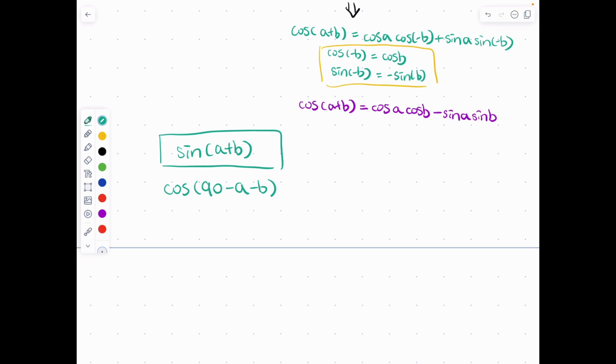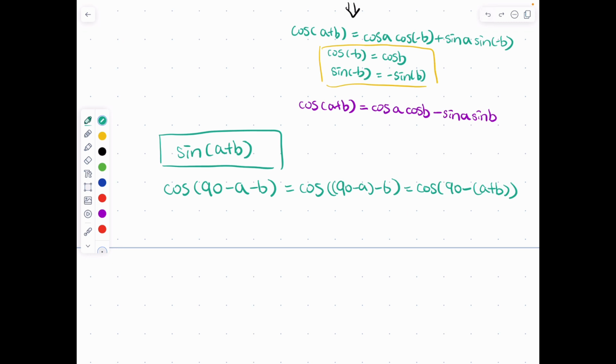There's two ways of representing this. We can represent it as cosine of 90 minus a and then minus b, or it can also be equal to cosine of 90 minus a plus b. They're equivalent.